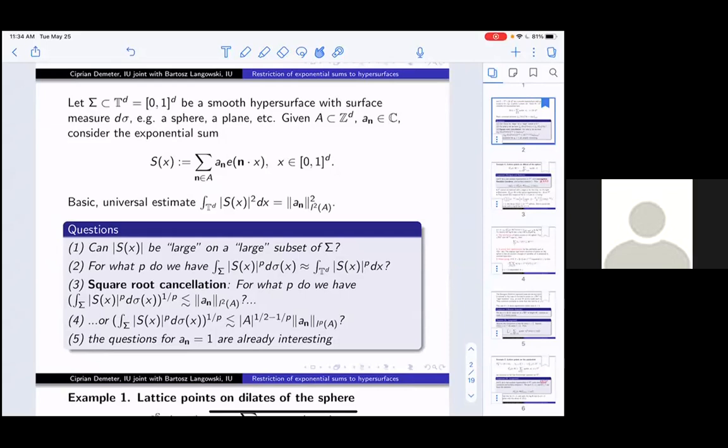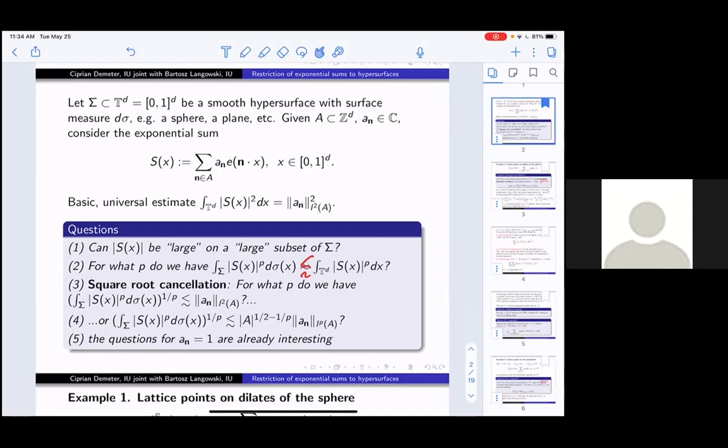You could ask somewhat informally whether S of x can be large on a large subset of sigma, or you could ask for what values of p the integral of this exponential sum to the power p on the hypersurface sigma with respect to the surface measure is comparable to the L^p norm on the torus with respect to the Lebesgue measure dx, or if you want, maybe you can just look at less than or equal.